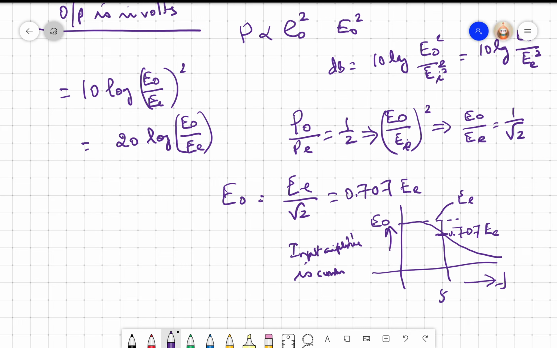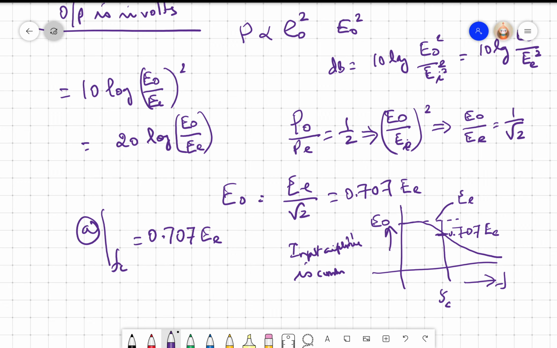In most systems, we use this half power bandwidth whenever we talk about the bandwidth of a system. But when I talk about a transducer, I am at cutoff frequency Fc. At Fc, I am going to get 0.707 times the expected magnitude. What does it mean? I am trying to get EE, whereas what I am going to get is 0.707.